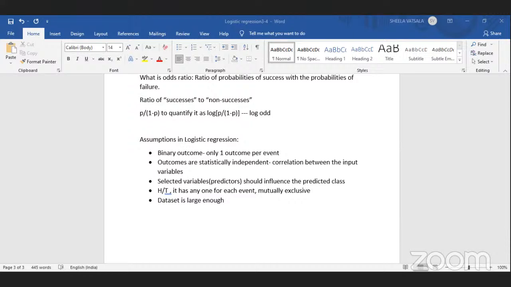What is null deviance and residual deviance?